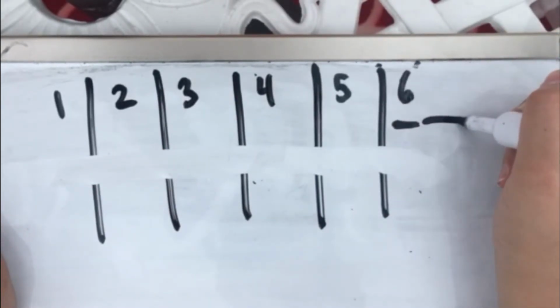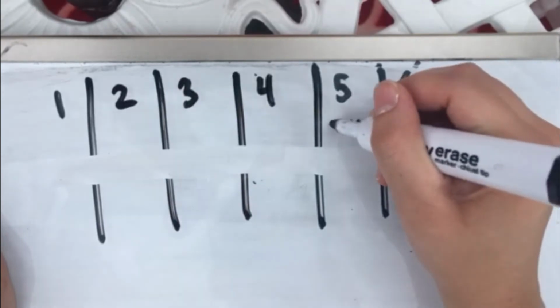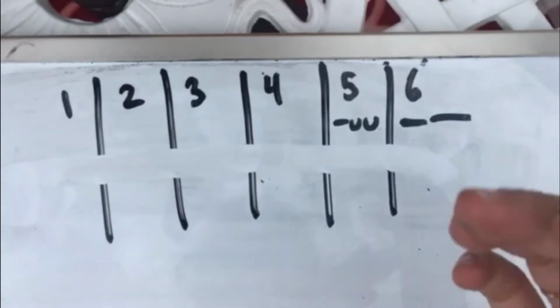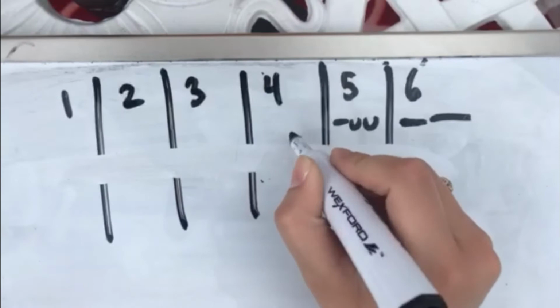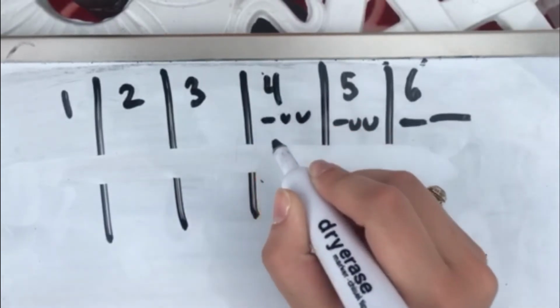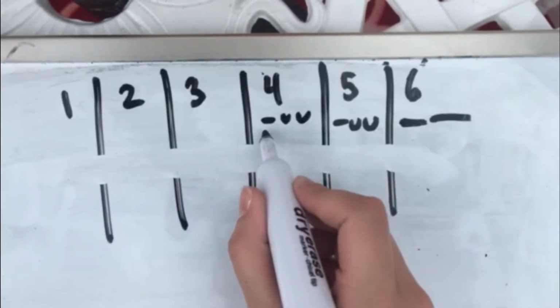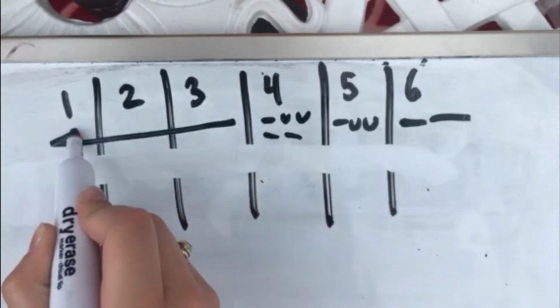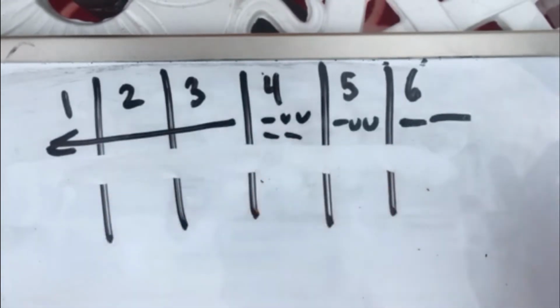Long, long. Short, short, short, short, long. Always. And then short, short, long, or long, long for the rest of it. And that you'll just have to figure out on your own.